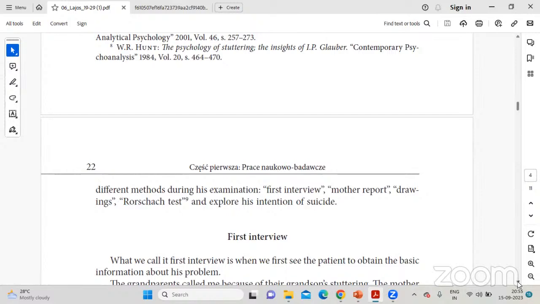In the examination process, they used first an interview, then the mother's report, then drawings, and then Rorschach, and explored this boy's intentions of suicide.